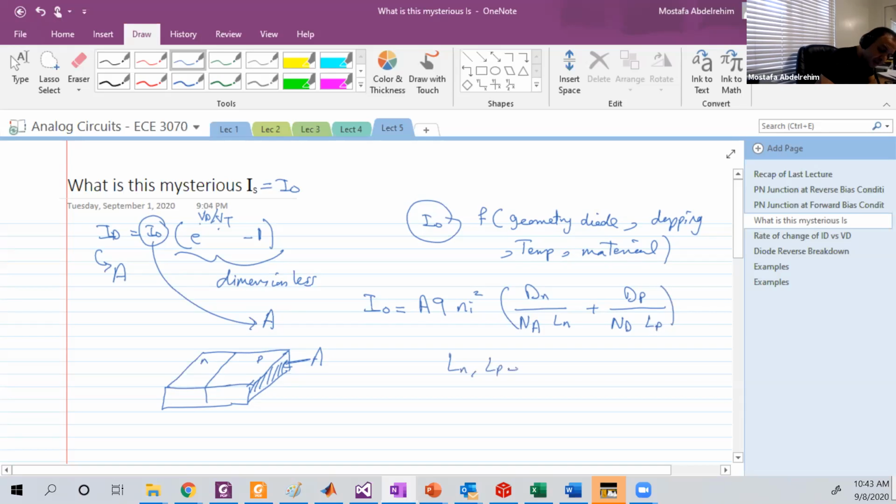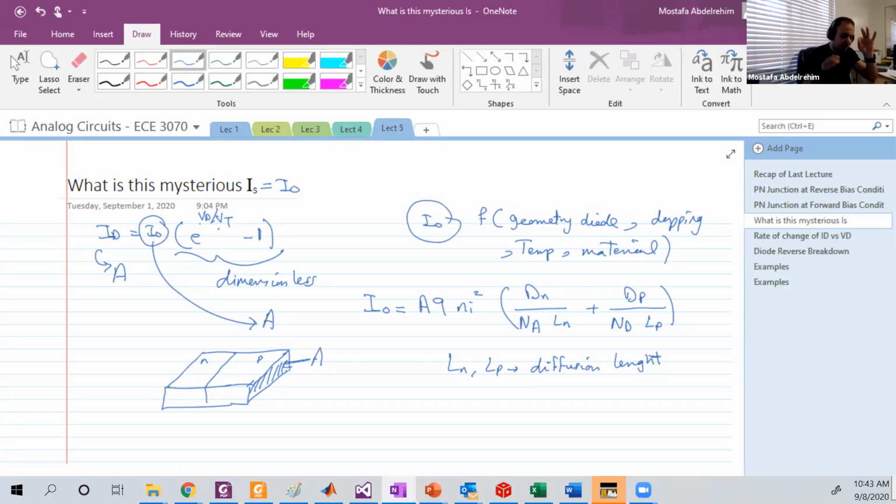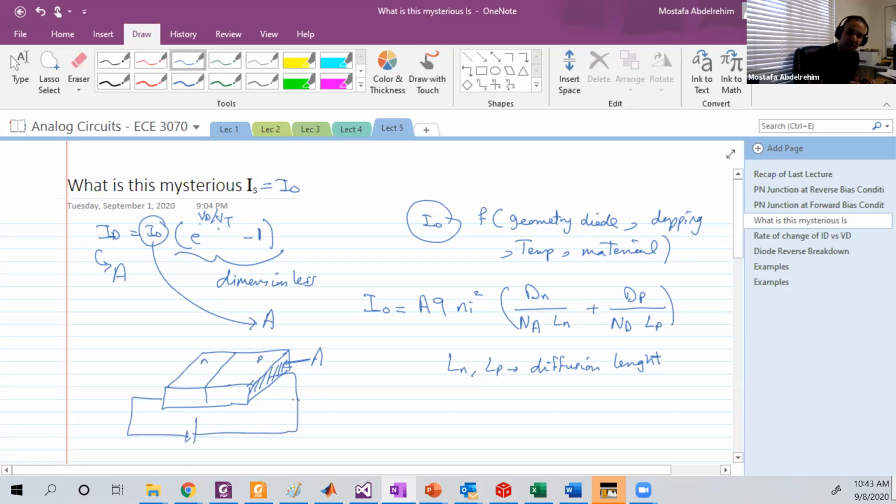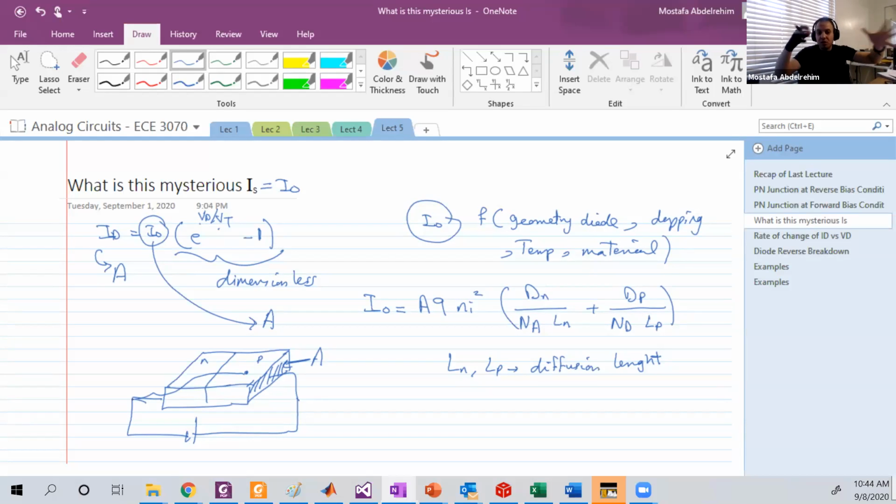Ln and Lp are called diffusion lengths. What is diffusion length? Basically, when a current flows, let's assume we have a battery like this. Maybe a current will flow and make it to the wires and be absorbed in the battery. But it may recombine again, find some hole somewhere and recombine. So Ln and Lp are, we can say, the average diffusion length.